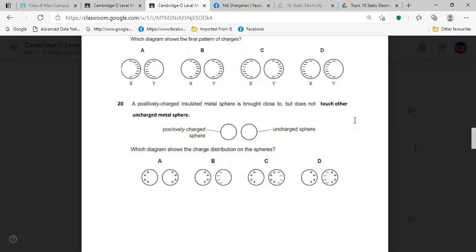D. Yes. I'm really happy that you can pick the correct one. Thank you so much. So why is C not correct?